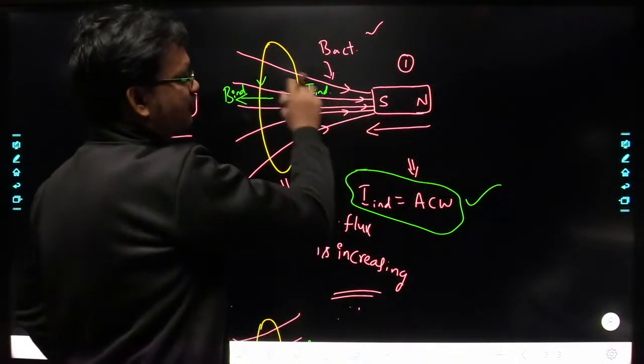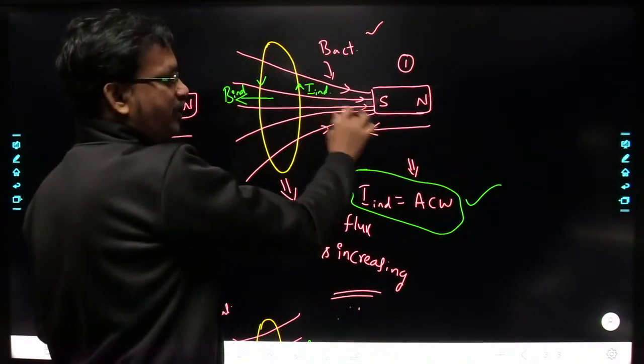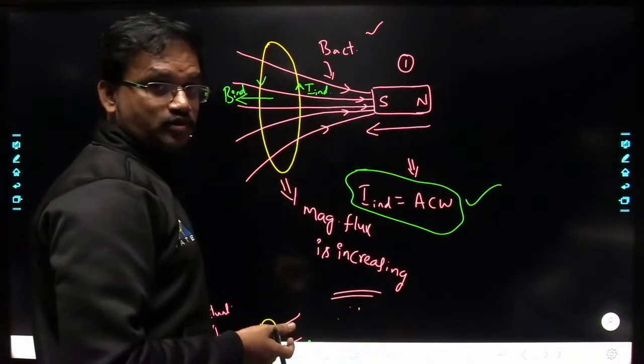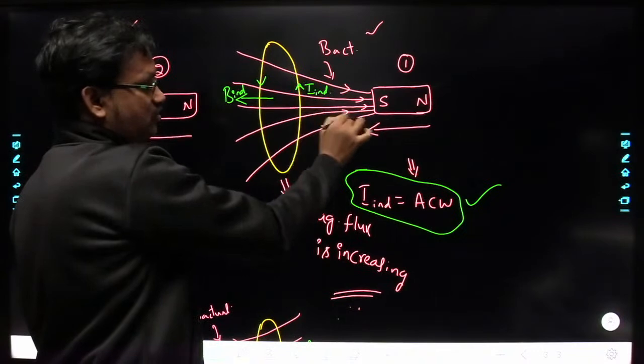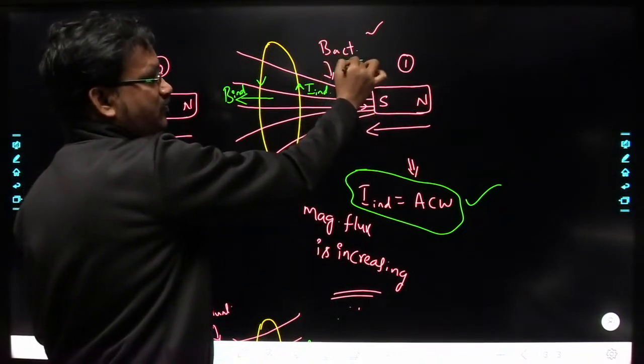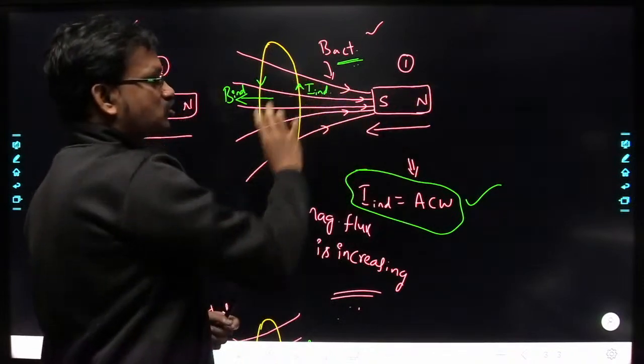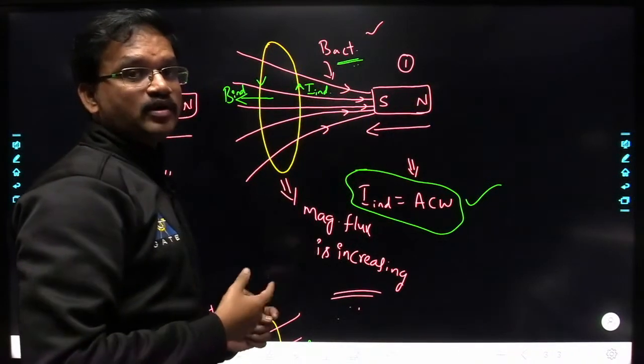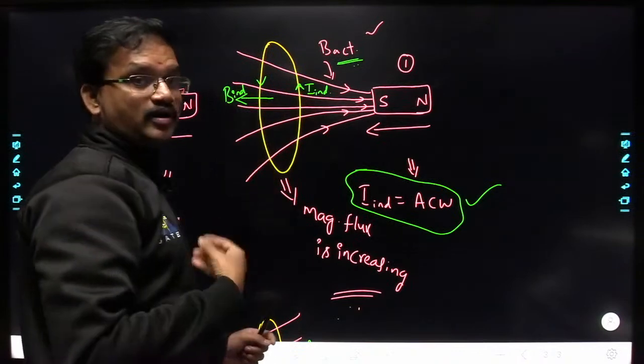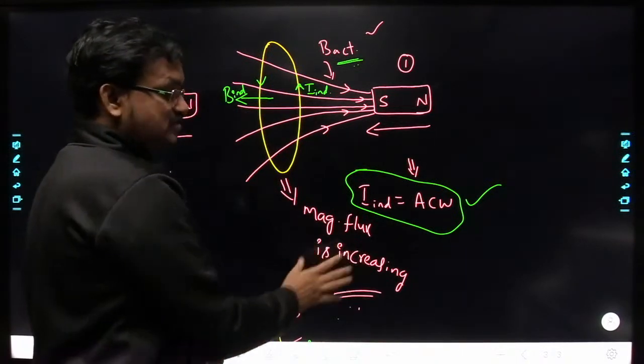The field lines always point towards what? Towards the south pole. Yes or no? So this is the direction of the actual B field. Whenever you are moving the magnet nearer to the loop, the number of field lines penetrating through this loop is increasing. That means the magnetic flux is increasing.